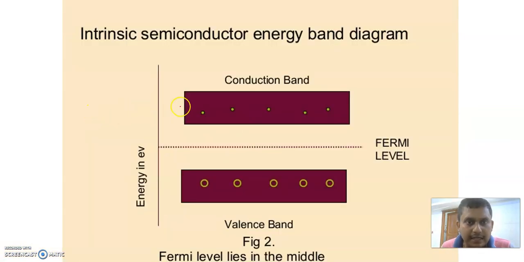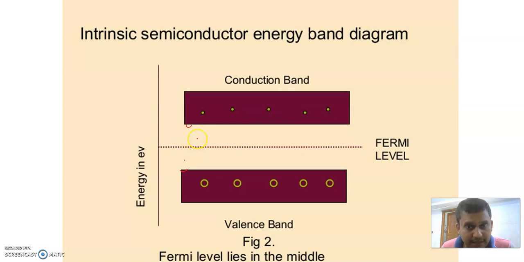Now this is the energy diagram of the intrinsic semiconductor. The lower band is called valence band and the upper band is called conduction band, and the Fermi level must lie in between the conduction band and valence band. So in intrinsic semiconductor, Fermi level lies in between the conduction band and valence band.